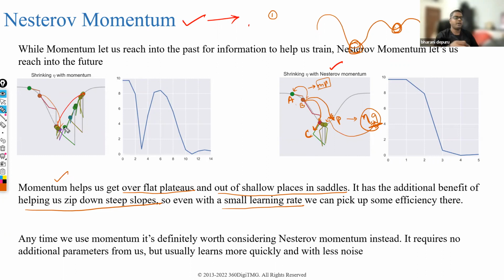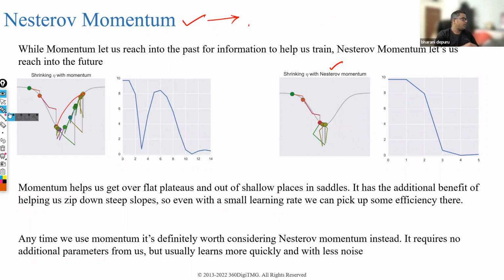So your learning will be fast. And anytime we try out momentum, there is no harm in trying out Nesterov Momentum, because it does not have any additional parameter. For momentum alone, there is gamma, but for Nesterov Momentum, there is no additional parameter that you need. So you can learn quickly with less noise.